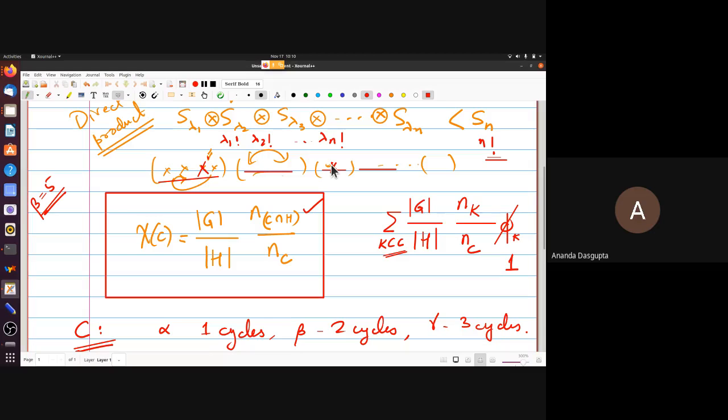You can't have a 2 cycle which swaps an element here with an element here. That's not allowed. That's, of course, an element in that class, but that's not an element in the intersection of C with H. So you need 5 2 cycles. But where will the 2 cycles come from? Will they come from lambda 1 or lambda 2 or lambda 3 or what?